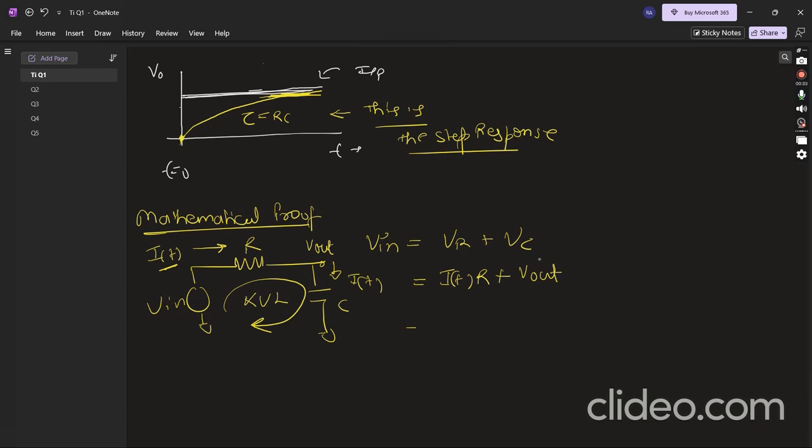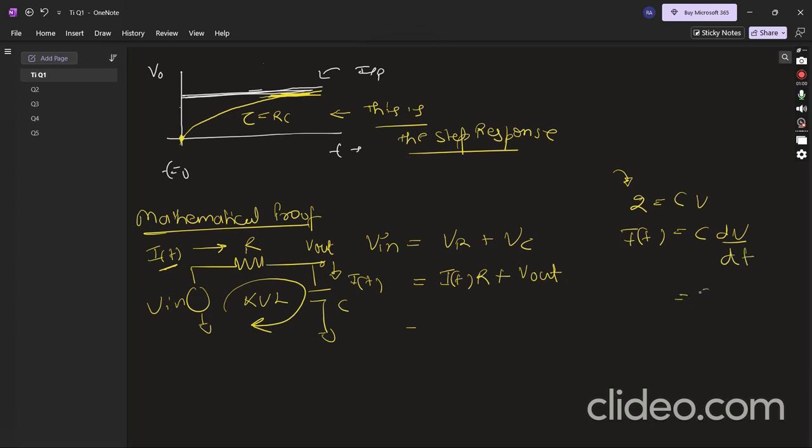For the current, Q is equal to CV, this is the charge equation of a capacitor. We differentiate it and we get IT equal to C dV by dt, where V is the capacitor voltage.